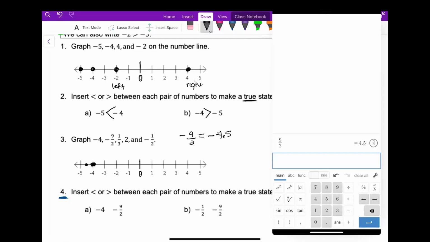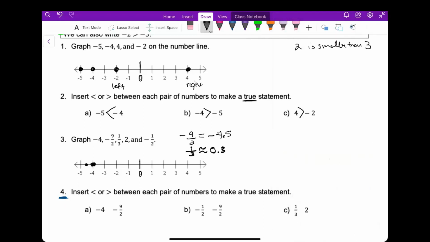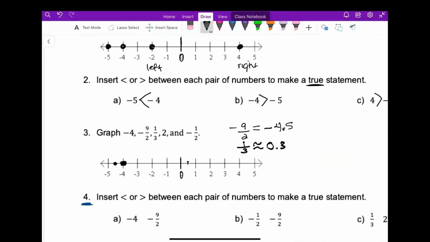How about 1/3? 1/3 is going to be the next one. This one's going to be positive, approximately 0.3. Let's take a look at my number line. 0.5 would be here in the middle, so 0.3 has to be less than that.